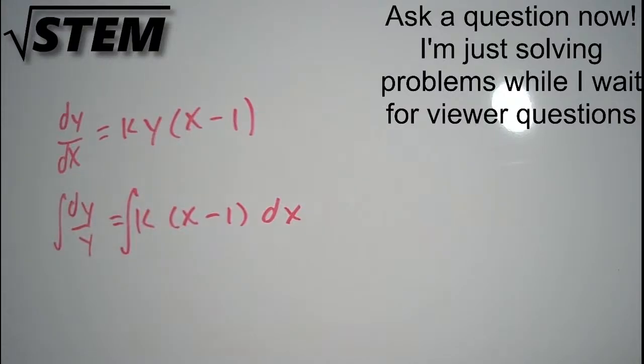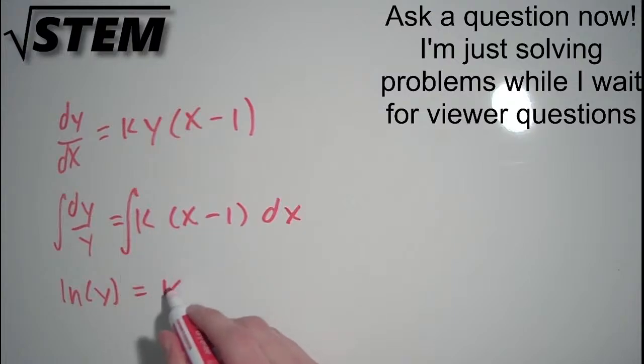And I guess these are going to be indefinite. So on the left side we have dy over y. That of course is going to be our natural log of y. Over here we can pull this k out of the integral, and then we have the integral of x minus 1.